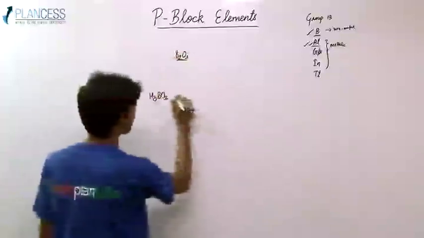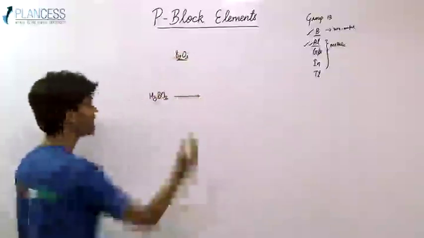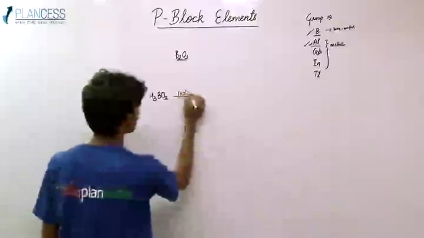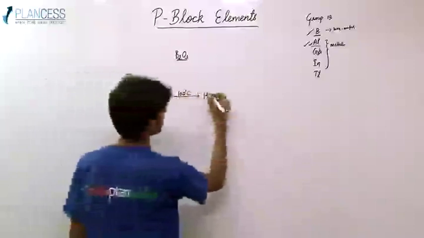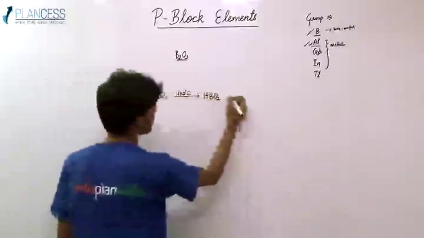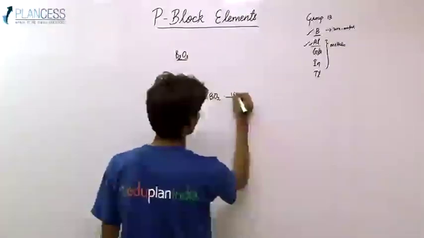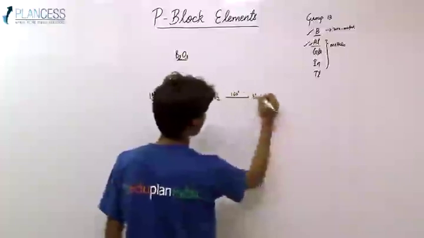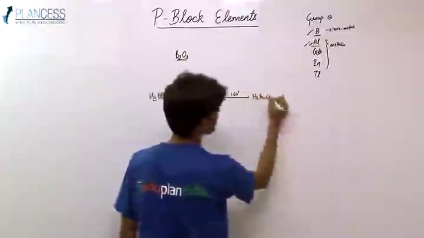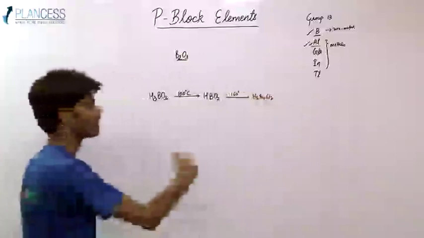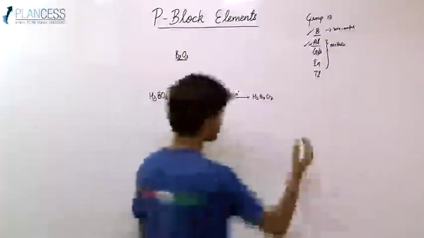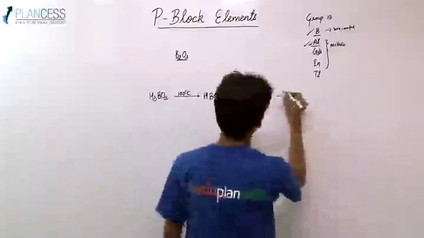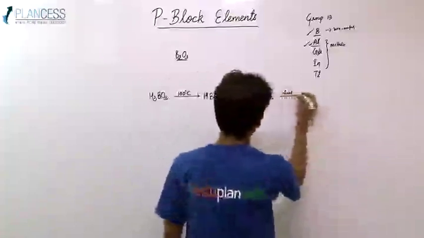So H3BO3, that is boric acid, when heated to 100 degrees centigrade, loses one water molecule and forms HBO2, which on further heating to 160 degrees forms H2B4O7, which you can say is the tetraboric acid of borax, that is Na2B4O7, and which again on heating gives us B2O3.